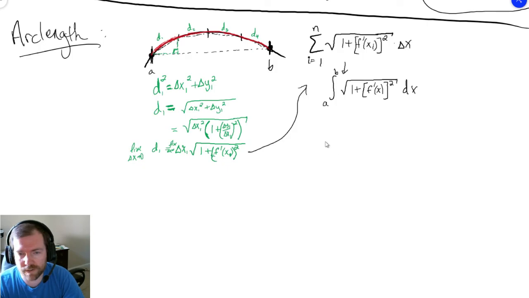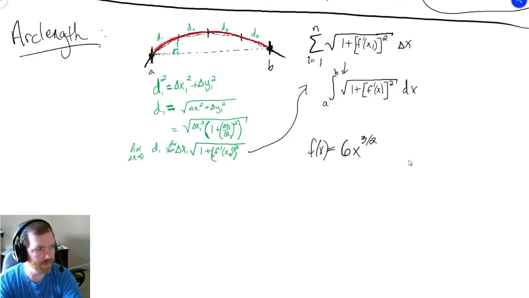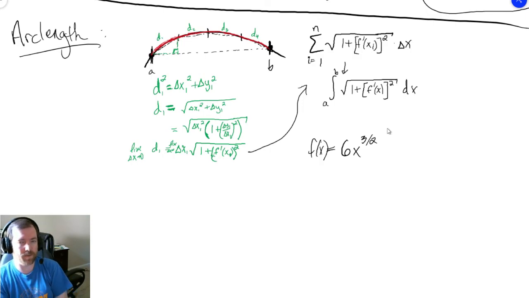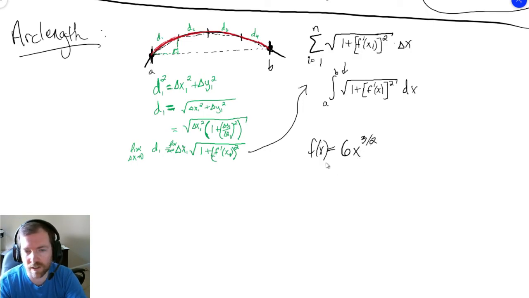So if we did, for instance, let y equal f of x. Let f of x equal 6x to the 3 halves, for example. This may not come out exactly nice, but it'll be at least somewhat decent.